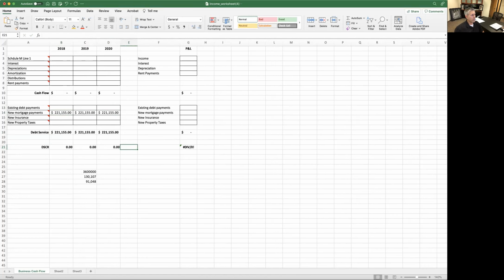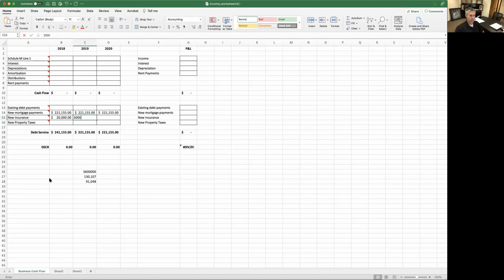So that's the first thing to do, and remember, the business has no debt. So we're not going to put any existing debt payments. And we're just going to make an assumption, even though it's not in here, that if they have new insurance on this type of building, it's going to cost them maybe 20 grand a year.